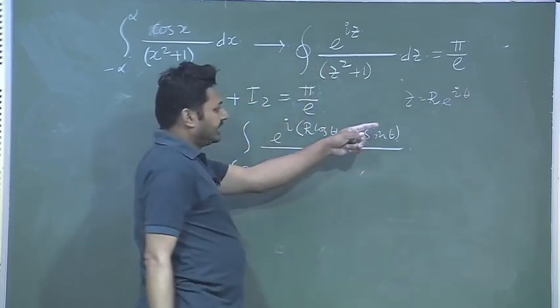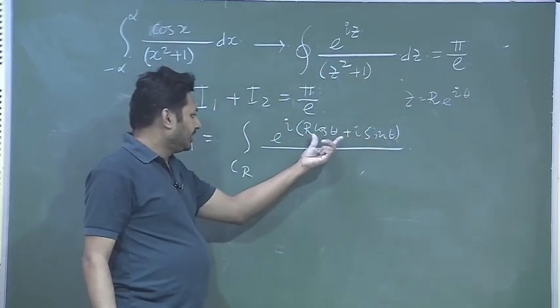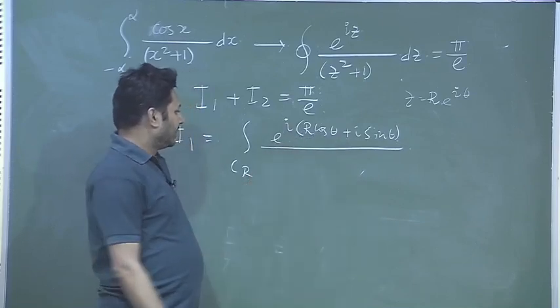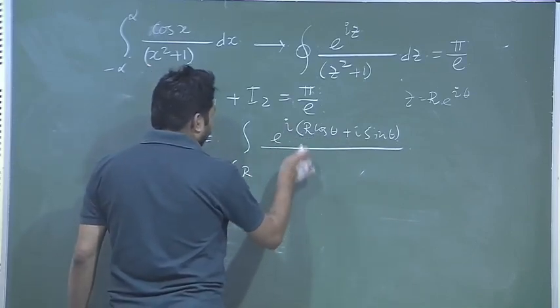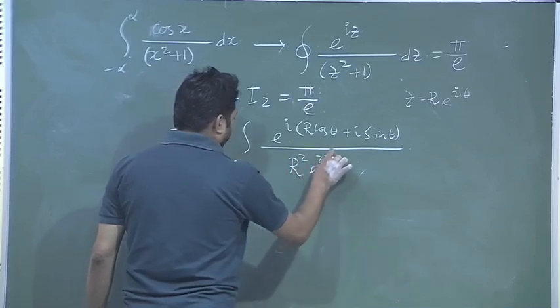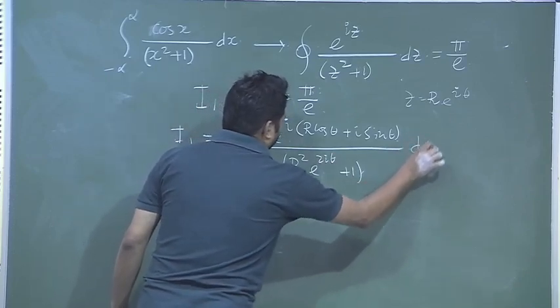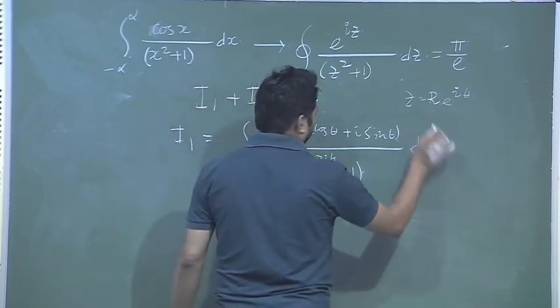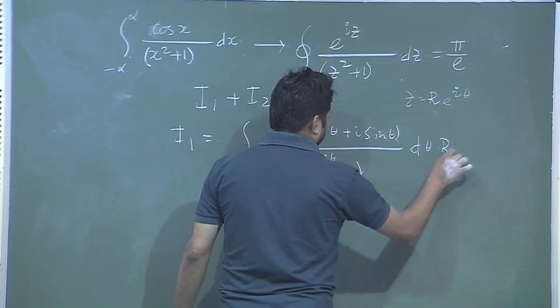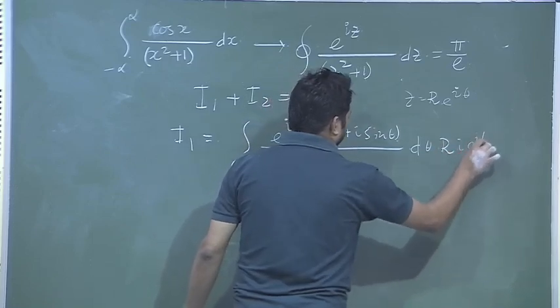So, r e to the power i theta is r cos theta plus i r sin theta. So, I am writing this only. This is equal to z, and in the downstairs I just write z square. So, I write r square e to the power of 2 i theta plus 1, d theta, and when I put d theta, one r will be here with i and e to the power i theta.